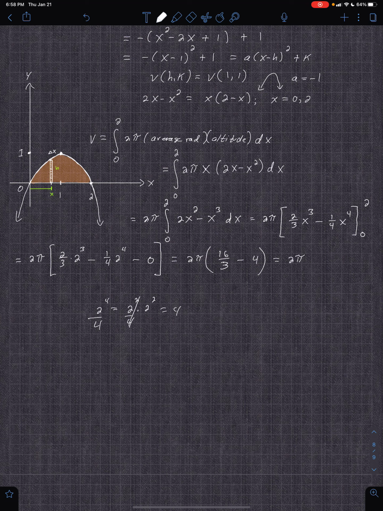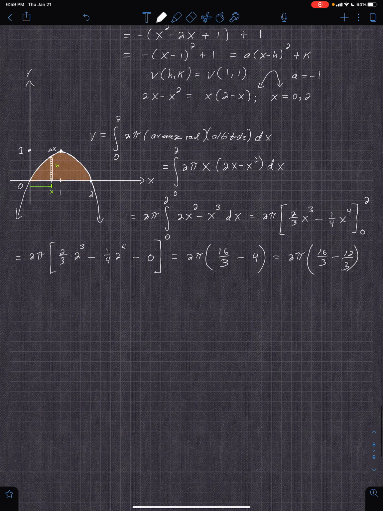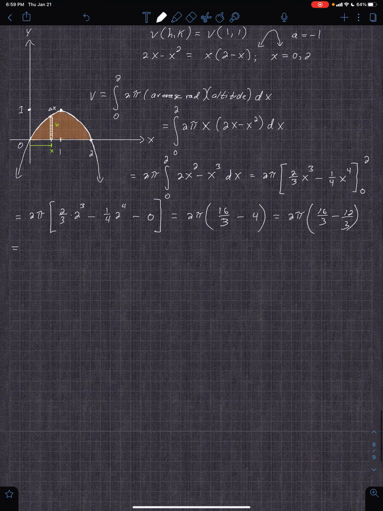So 2 pi, 16/3 minus 12/3. Don't use decimals. Do not get to decimals, please. Work it out by fractions and leave your pi in there too. So that'll be 2 pi times 16/3.